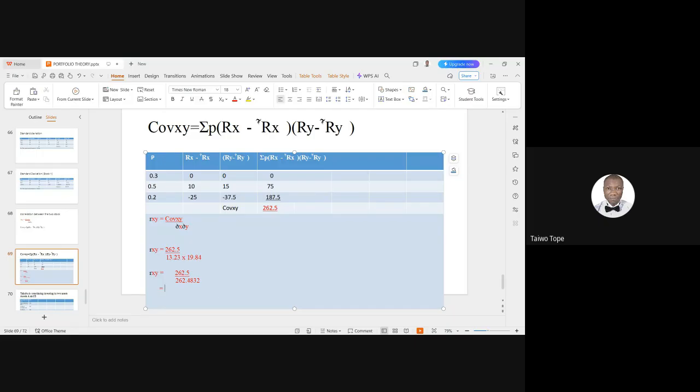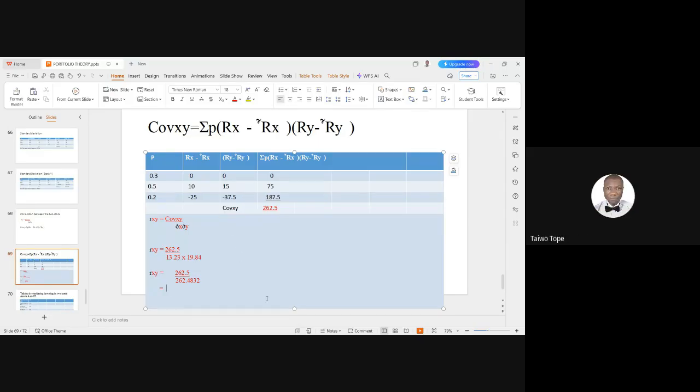Your correlation coefficient will now be what? 1.000064.